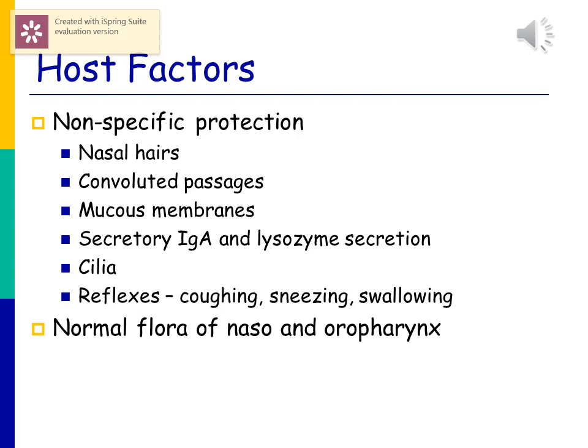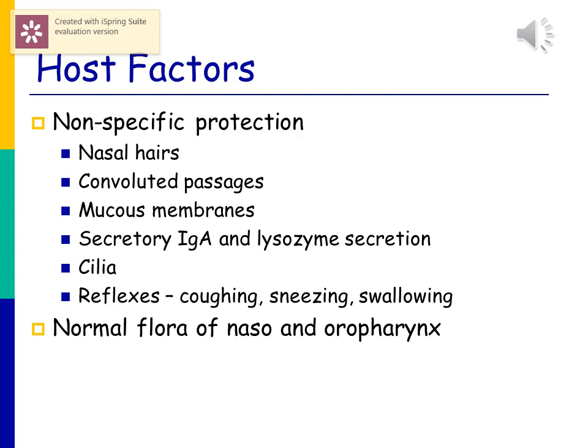We have secretory IgA and lysozyme production. There's also cilia lining the upper respiratory tract that can trap any microbes. And we have reflexes such as coughing, sneezing, and swallowing, which help us get rid of some microbes that may get into the upper respiratory tract.